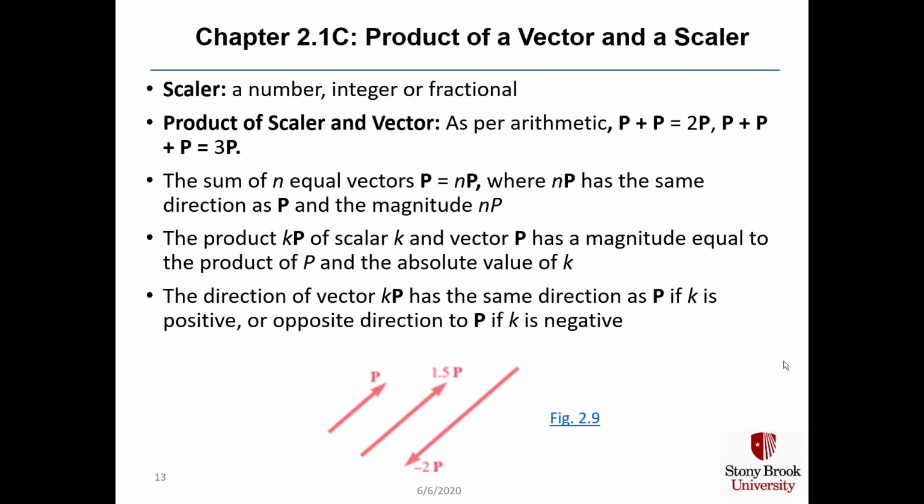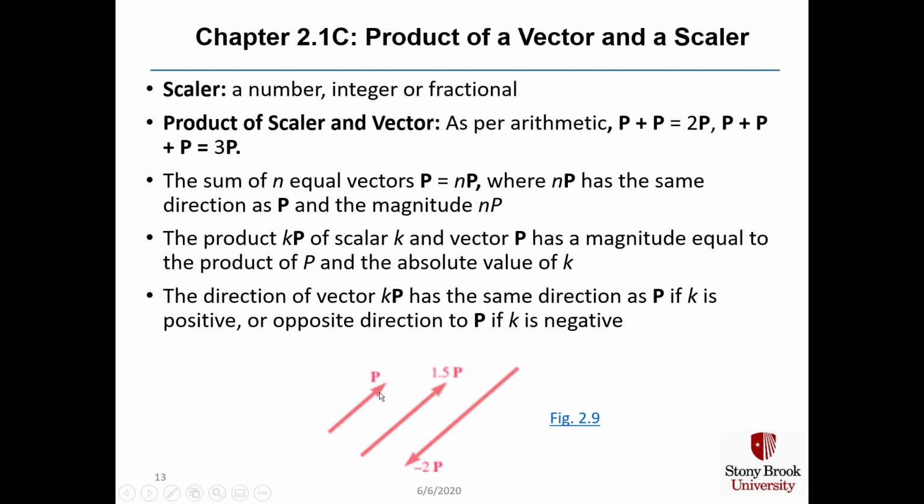The product kp of scalar k and vector p has a magnitude equal to the product of p and the absolute value of k. And the direction of vector kp is the same direction as p if k is positive, or the opposite direction if k is negative. So here's vector p in the figure.